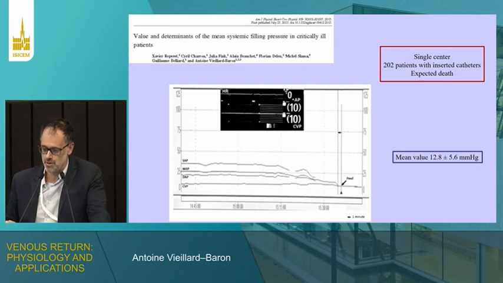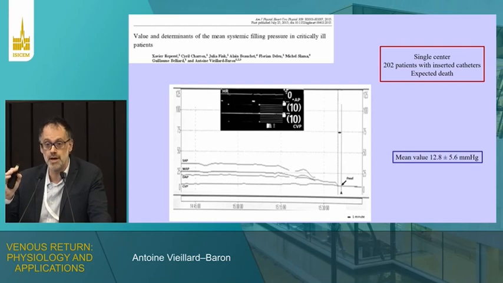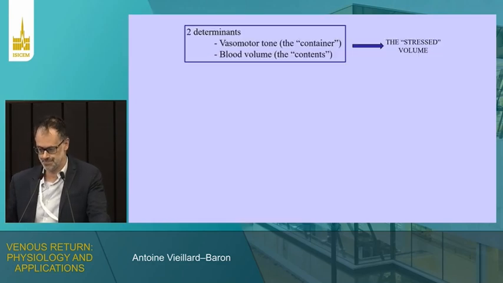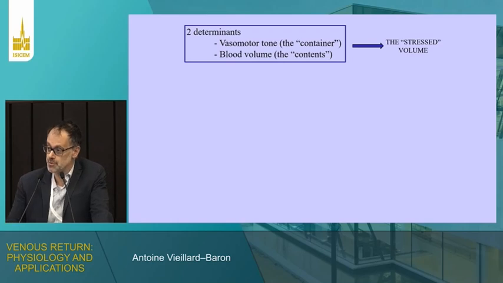And the mean value was between 12 and 13 millimeters of mercury. And just to go back to the landmark study by Arthur Guyton, in the animals, this was around 8 to 10 millimeters of mercury. So if you have to remember, let's say a normal value could be around 10 millimeters of mercury. So what is important is that this pressure is generated by two different things.